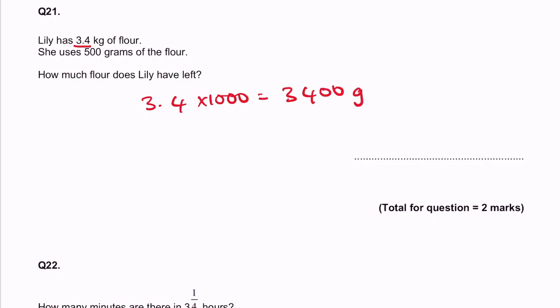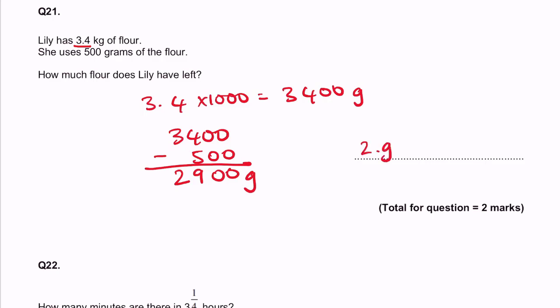And subtracting 3,400, subtracting 500, which she used, 2,900 grams. And that gives us the answer. So the answer is 2.9 kilograms or 2,900 grams. 2 marks.